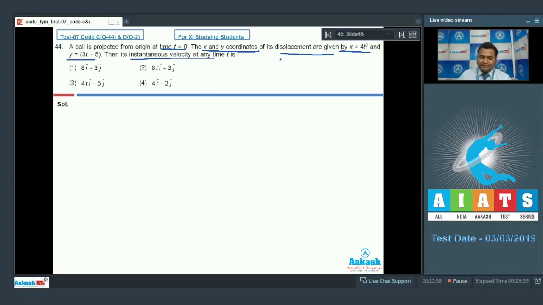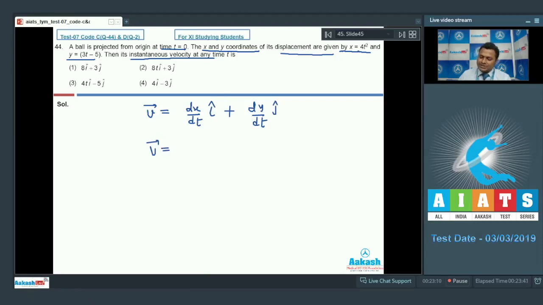We know very well if the x coordinate is changing with time as well as the y coordinate is changing with time, then the velocity in vector form we can write as dx by dt i cap, that is the speed of the object along the x-axis, plus dy by dt j cap, the speed of the object along the y-axis.